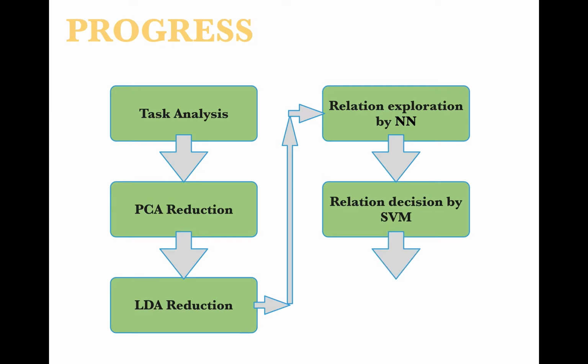This is our process of the project. First, we do the task analysis, and then we did dimensionality reduction, and next we explore the relation between the data, and finally we got the results.